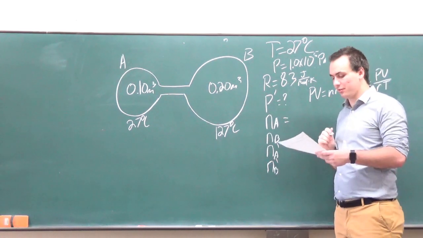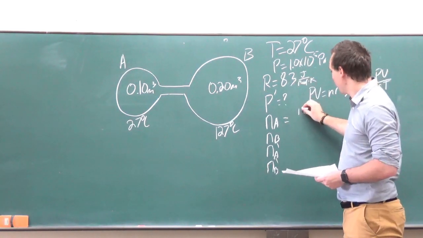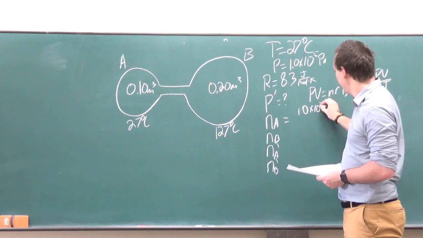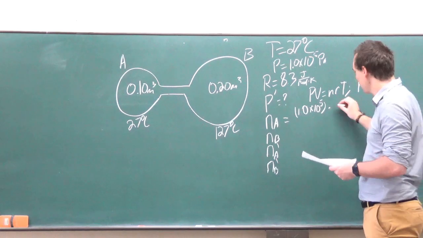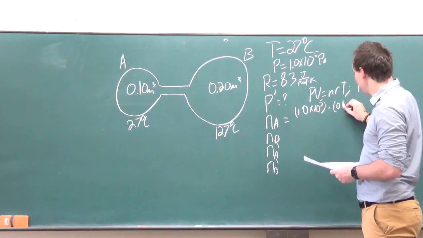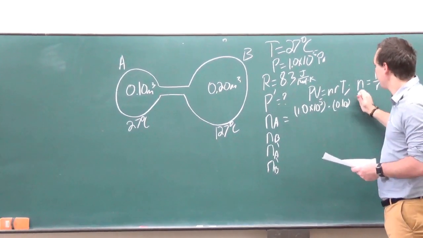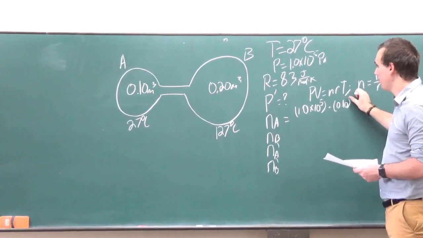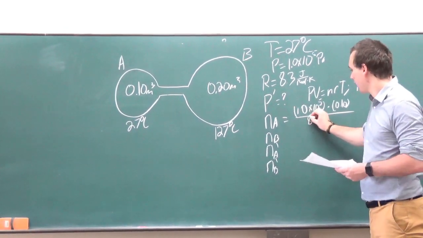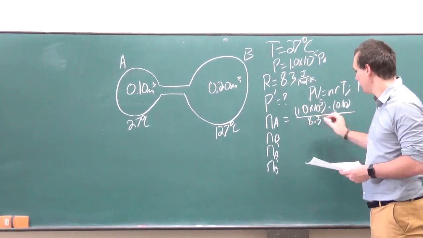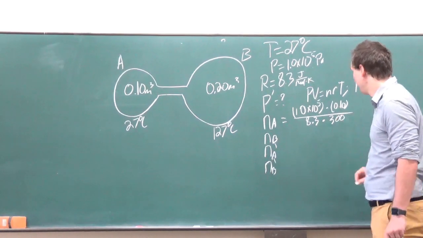So for N here, we have our pressure, 1.0 times 10 to the 5th, times our volume, 0.10 times 10 to the negative third, over 8.3 times, and this is important, 300.